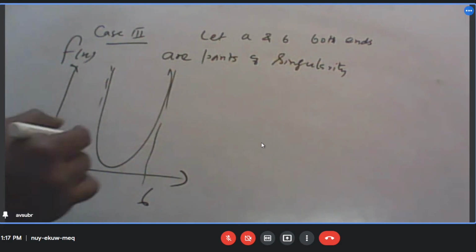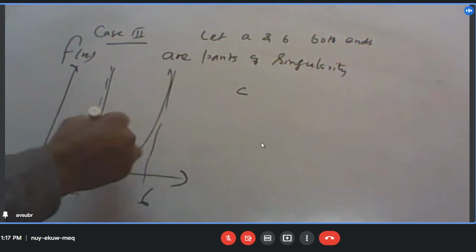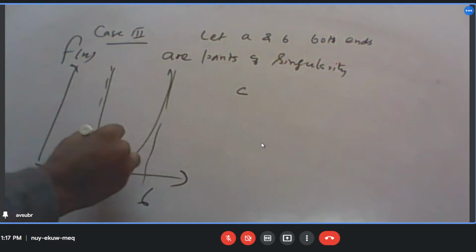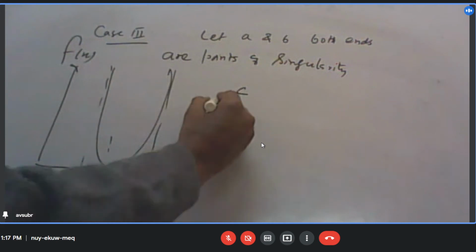In such case, let us take a point C somewhere. And we define this improper integral like this.